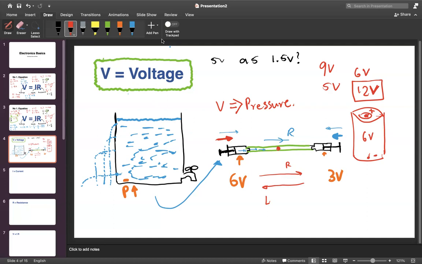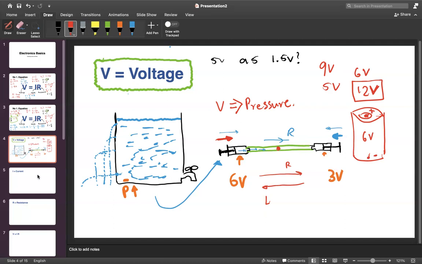Right, brilliant. So what is flowing to the right? If there are 6 volts here and 3 volts here, what is flowing to the right? Is it current which is flowing? Yes. Voltage. Dulnita, is it current? Yes, sir. Right, okay. So now let's talk about current.